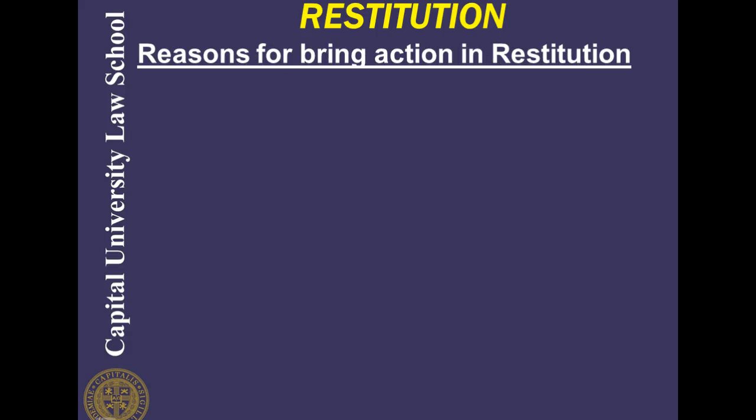And now, why would one bring an action in restitution, a legal action in restitution? Well, there's a number of reasons, and most often restitution is brought as an alternative claim. So they would bring their suit in contract, and in the alternative they would bring their claim for restitution.